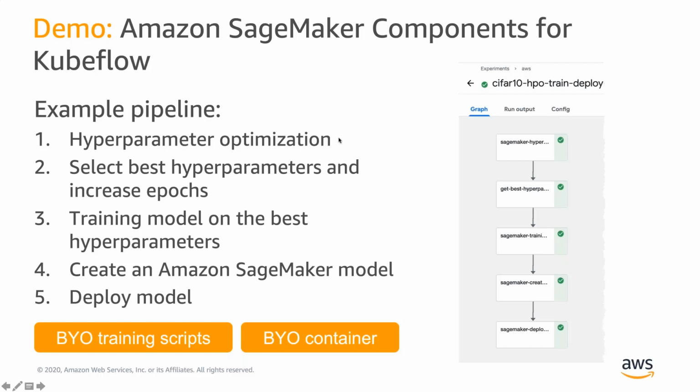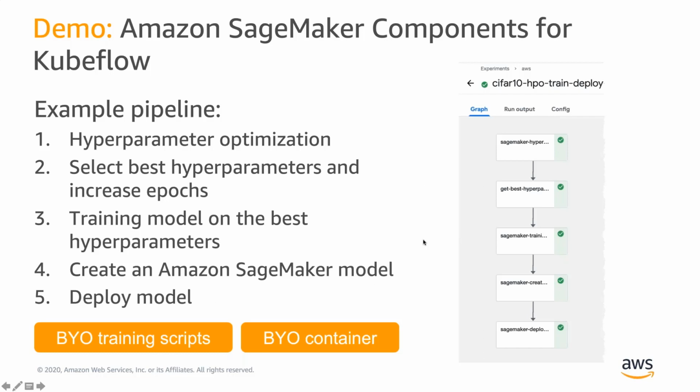So I'll only run the large-scale job with 10 epochs, but then I'll pick the best hyperparameters and increase the epochs to 80. That's the next step. And then I'll run a training job on the best hyperparameters for 80 epochs. And the output of that is a model that I want to create as a model artifact in SageMaker and deploy the model. So these are the 5 steps you can see here.